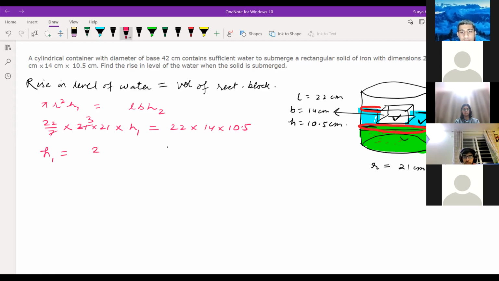Then we can write it as 22 into 14 into 10.5 whole divided by 22 into 3 into 21. Is it clear? So this will get cancelled. 21, 7 2s are 14, 7 3s are 21, 3 3s are 9, 3.5. Again, it won't go, 3 2s are 6, 7 by 3. That is how much? 2 1 by 3 centimeter.